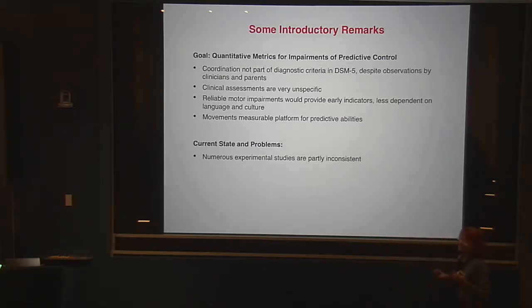There are, of course, clinical assessments that include motor skills, but these clinical assessments are known to be very coarse-grained and categorical or binary. So for a better understanding of the deficits in motor skill, clinical scales are probably not sufficient.